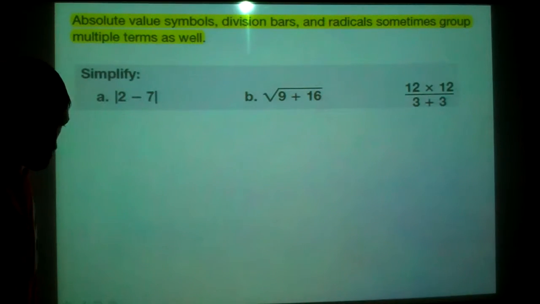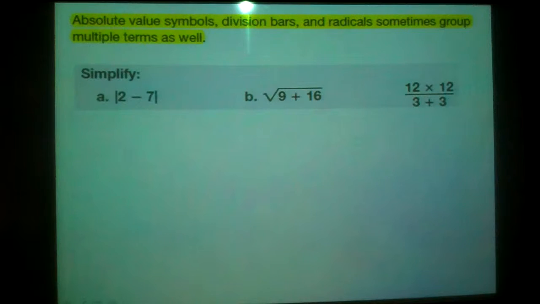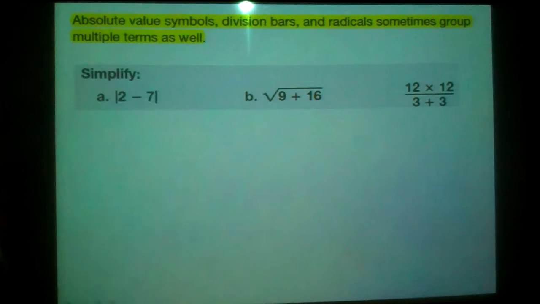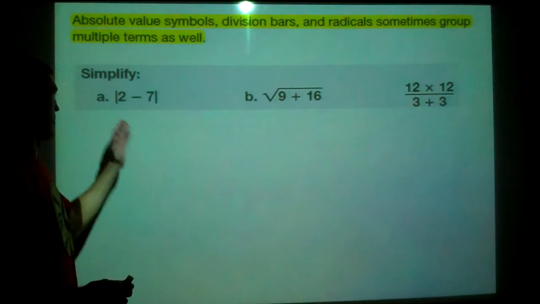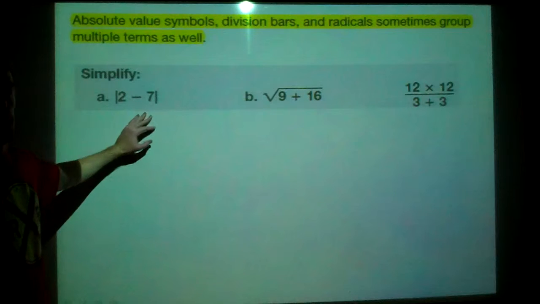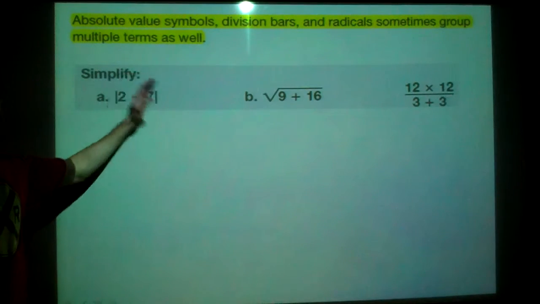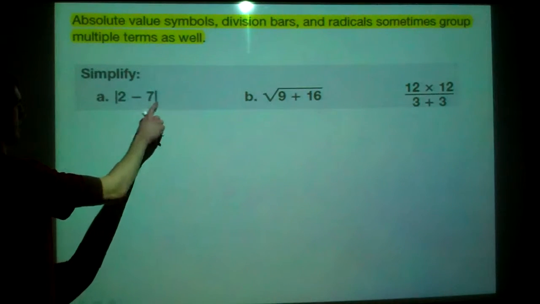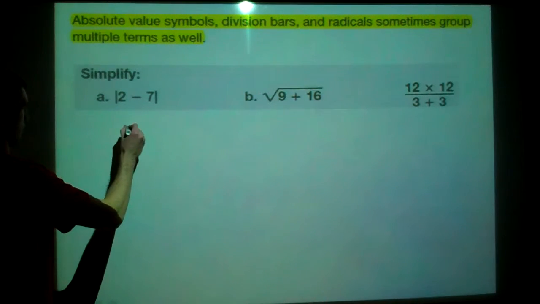If we look at A here, we have the absolute value of 2 minus 7. They're basically just like parentheses. We want to do whatever's inside here first before we do anything else. There is nothing else to do after this, so we're just going to do what's on the inside. 2 minus 7 equals negative 5.